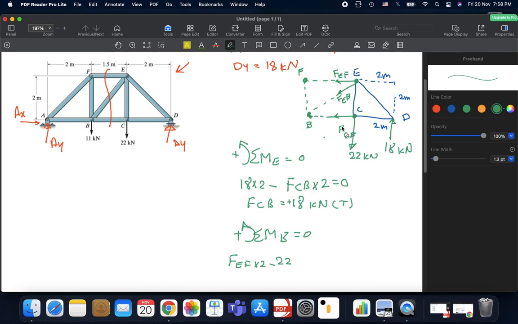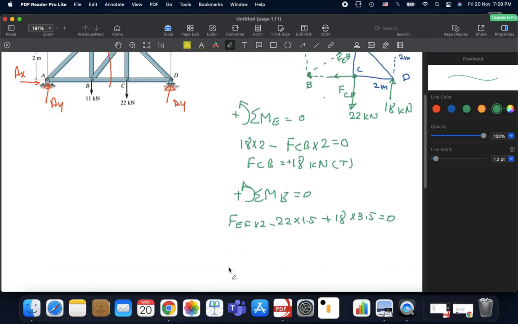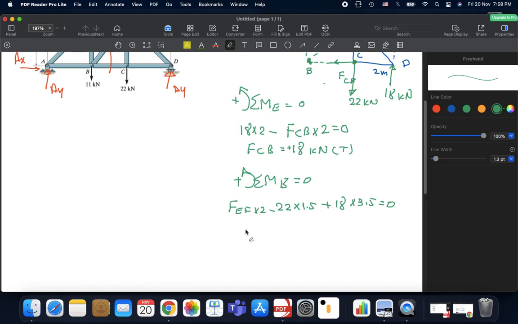Minus 22 multiplied by this distance. This distance is 1.5, we know it's 1.5, multiplied by 1.5, plus 18 kilonewtons, which is the support reaction, multiplied by 3.5 perpendicular distance. This is 0. This would give us a value of FEF.